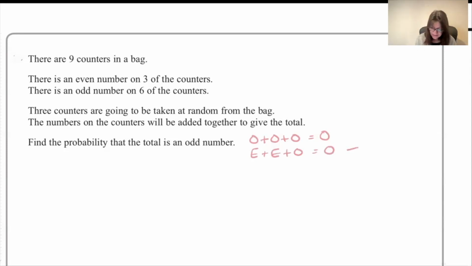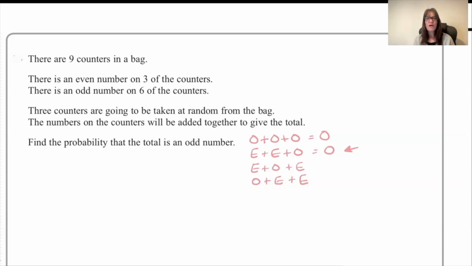I then have to consider the fact that my EEO could be in any order. So another alternative order could be E plus O plus E, or O at the start, followed by E plus E. Once I've considered all the possible outcomes that will satisfy the question, I can then start pulling together a full and complete tree diagram, and if that's the way that you would prefer to do it, then that's what you do.